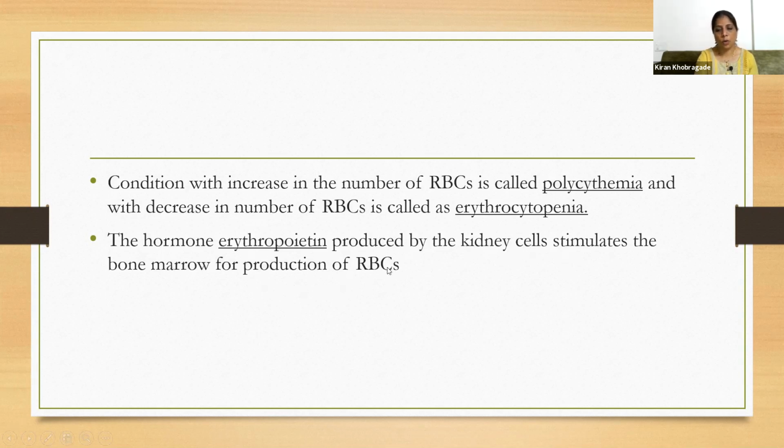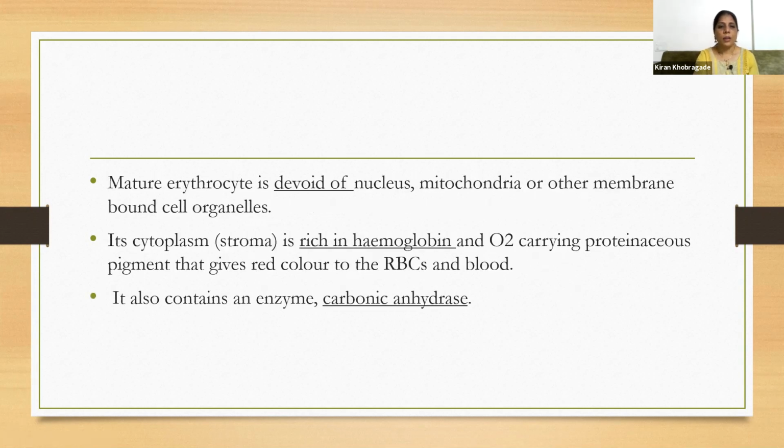in the bone marrow. Now, mature RBC, when we say mature RBC, it is devoid of nucleus. Devoid means what? It does not have. So, mature erythrocyte is devoid of nucleus, mitochondria, or other membrane bound organelles. That means mature erythrocyte does not have a nucleus, mitochondria, or other membrane bound organelles like Golgi complex.